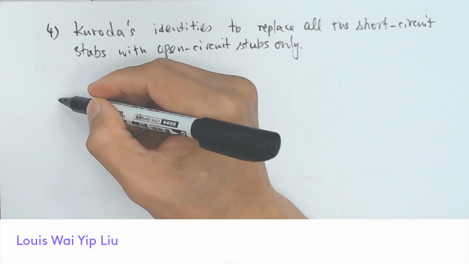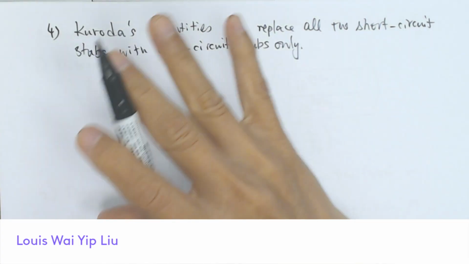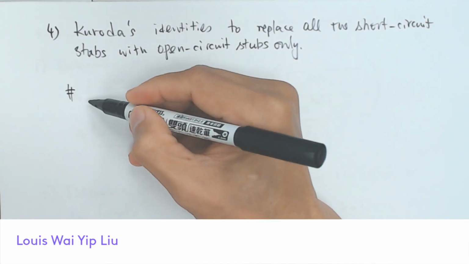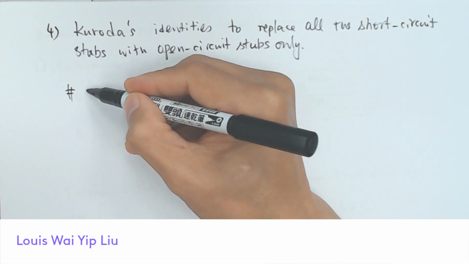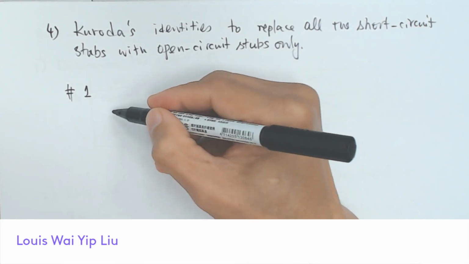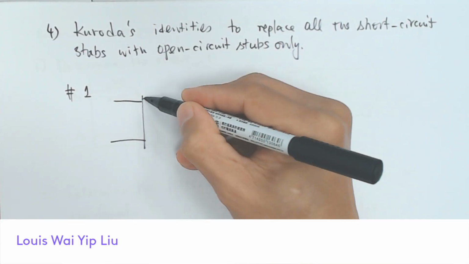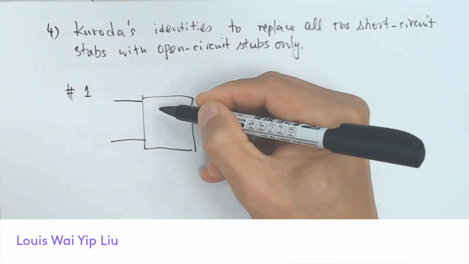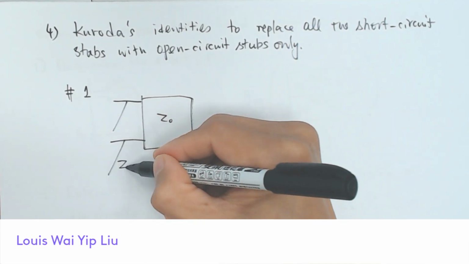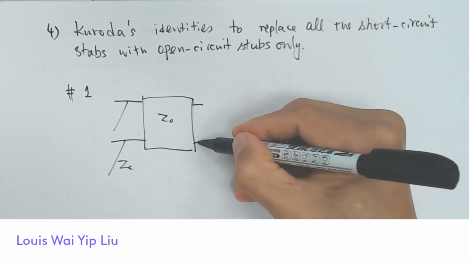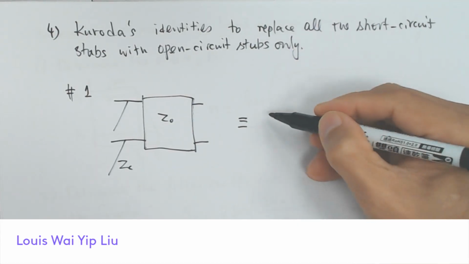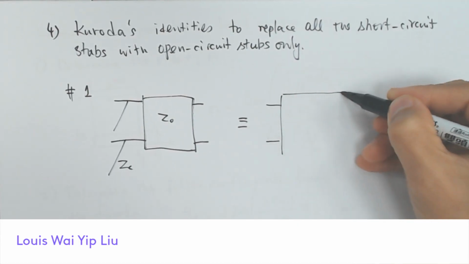According to my experience, the lumped element model is not easy to use. For example, for identity number 1, I think it's better to replace all the lumped elements with transmission lines. And we don't use any n squared.